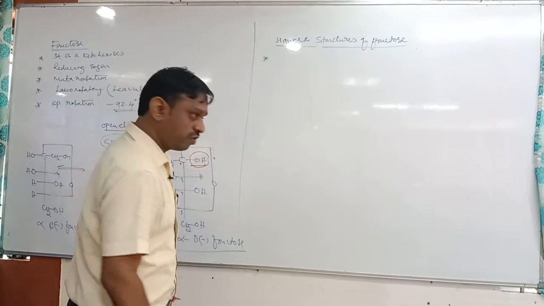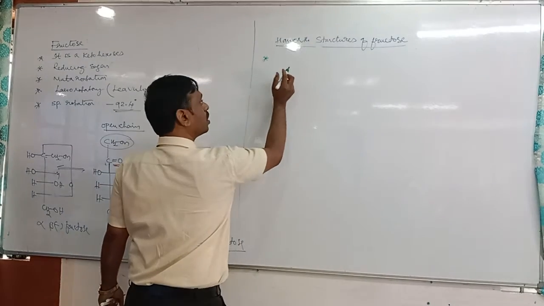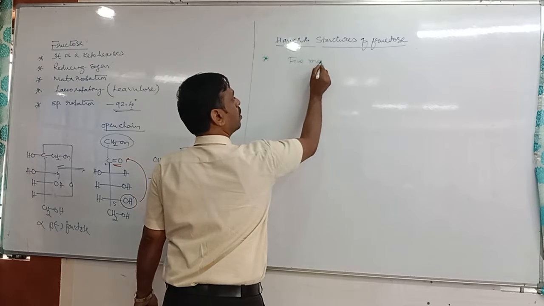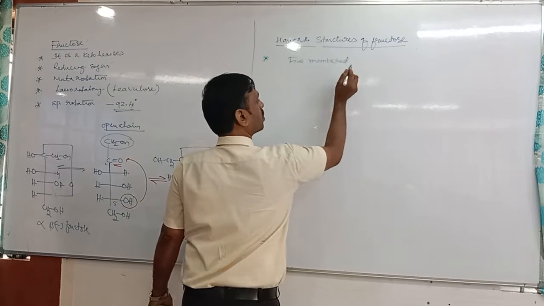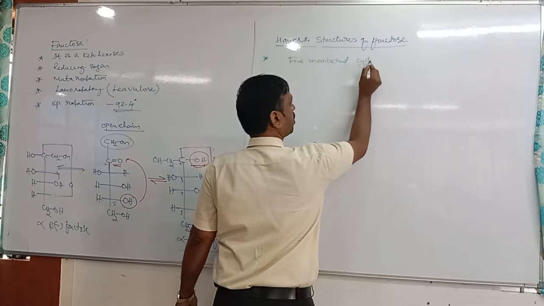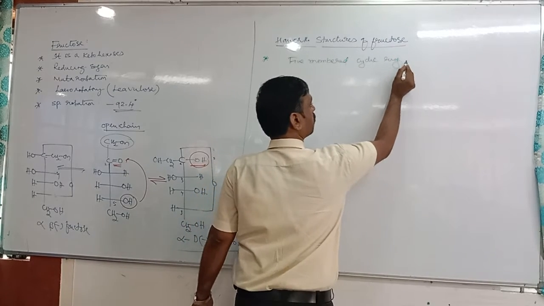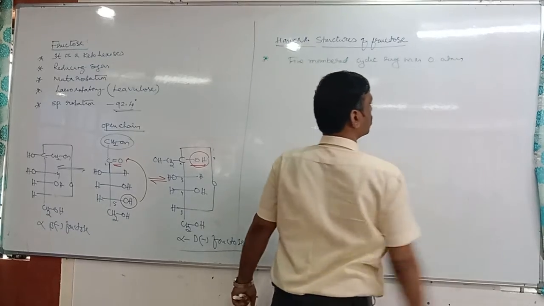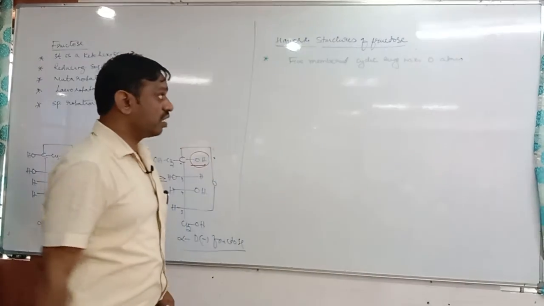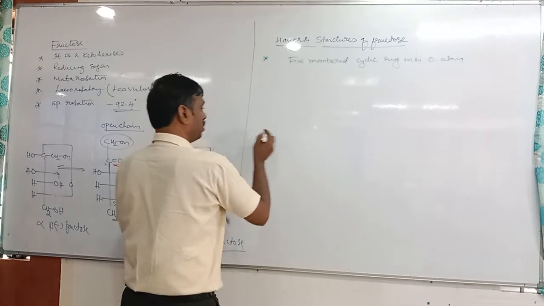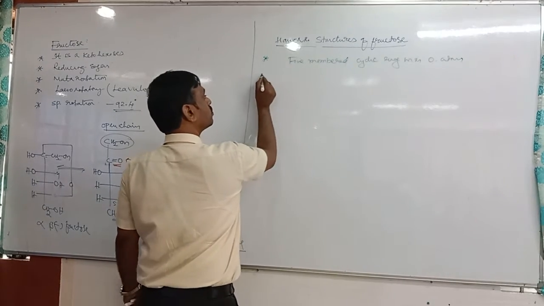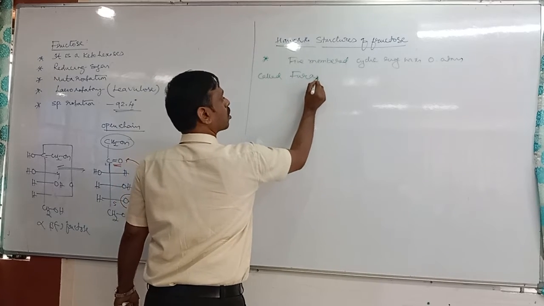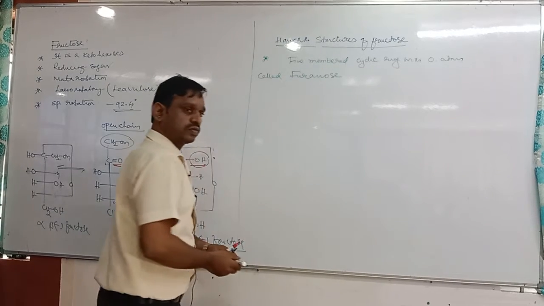which is called furanose. So draw the five-membered cyclic ring with an oxygen atom, called furanose.